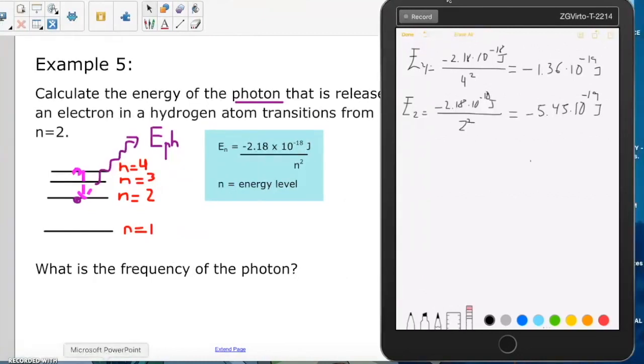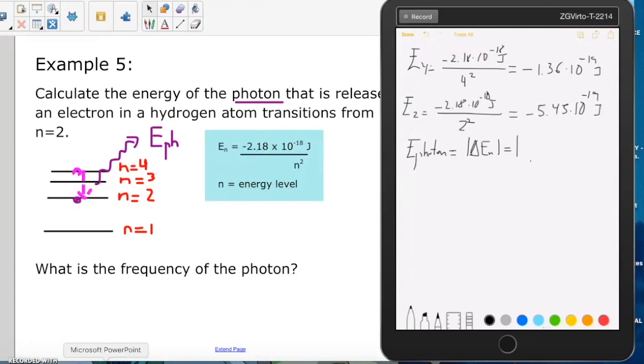Okay, so now that we have the energy of the electrons in state 4 and state 2, we need to remember that the energy of the photon will be the same as the absolute value of the difference of the energies of the electrons, right?